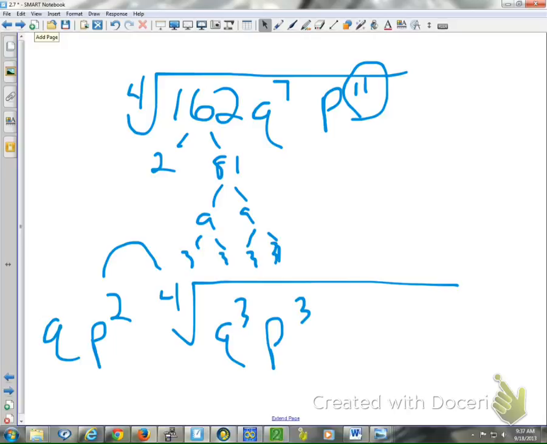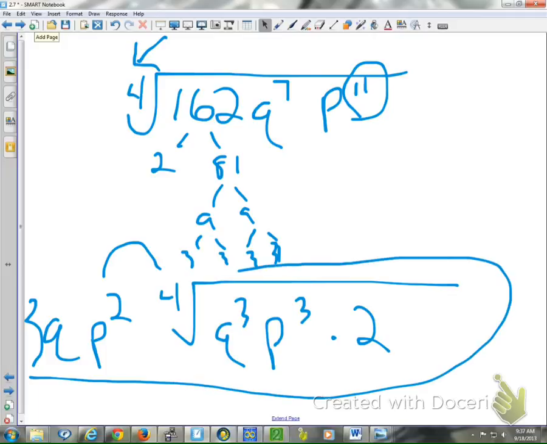Is there a number that occurs that many times? 3. So I can pull a 3 out, so it'll be 3. And what number does not occur that many times? So the 2 stays in. And that bottom thing right there is your answer. The one I circled. Because the 3 occurred 4 times, it comes out. And the 2, because it didn't occur 4 times, stays in.